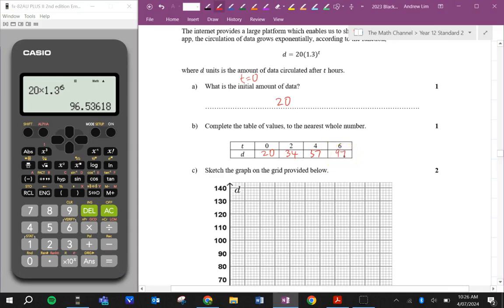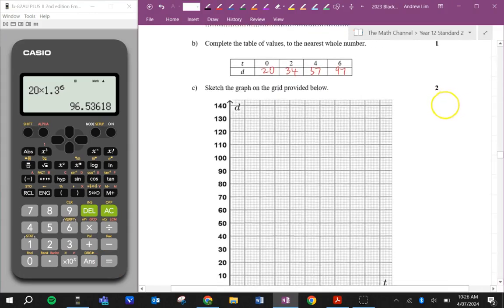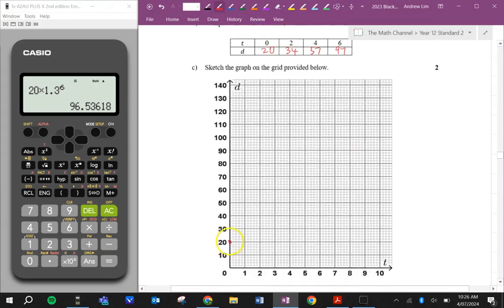Sketch the graph on the grid provided below. So we have 0, 20, 2, 34, 4, 57, and 6, 97. Alright, so you can see this is exponential.